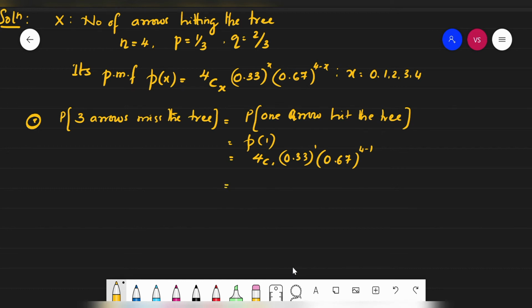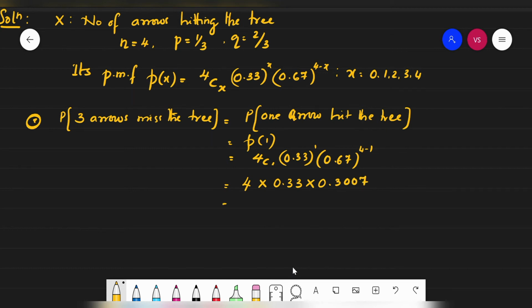4C1 is 4, into 0.33 raised to 1 is 0.33, into 0.67 raised to 4 minus 1, that is 0.67 three times. 0.67 into 0.67 into 0.67 is 0.3007.